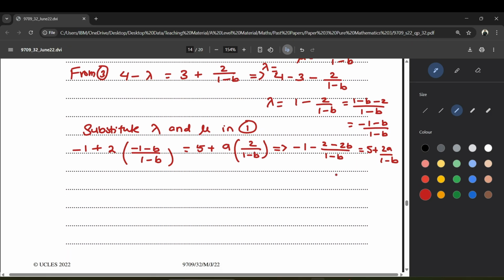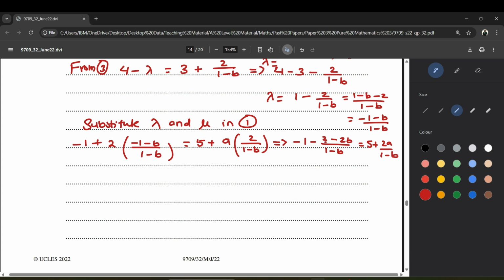Now this can be simplified and we can write it as minus 2 minus 2b over 1 minus b minus 2a over 1 minus b equals 6, right? So we collect all the variables on one side and the constants on the other side. Now we can multiply by 1 minus b on both sides.